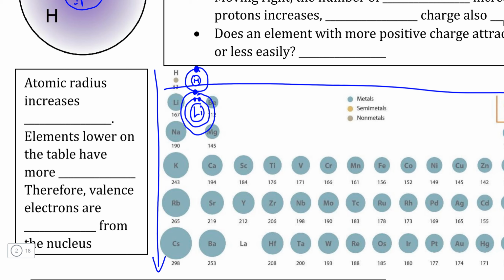Now, assuming that these circles are concentric and of identical size, if we measure the atomic radius of lithium, we can see that it is clearly greater than the atomic radius of hydrogen, simply because the second shell is a greater distance away from the center of the nucleus compared to the first shell.